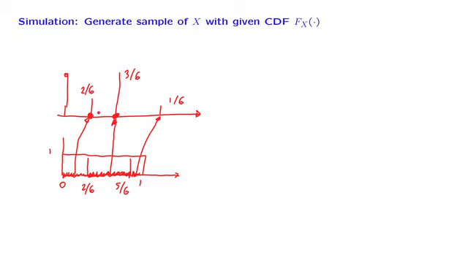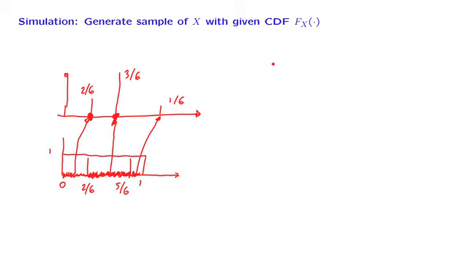So clearly, the value that I'm reporting has the correct probabilities. I'm going to report this value with probability 2/6. I'm going to report that value with probability 3/6, and so on. So this is how we can generate random samples of a discrete distribution, starting from a uniform random variable.